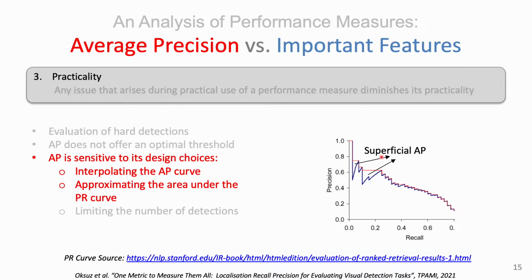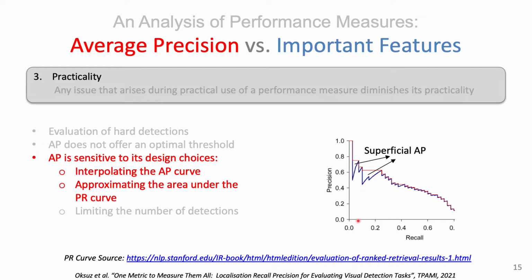Another practical limitation of AP is that it is sensitive to how it is calculated. After the precision recall curve is calculated from the precision recall values of the detections, we see in general these ups and downs, which are generally smoothed by using interpolation.